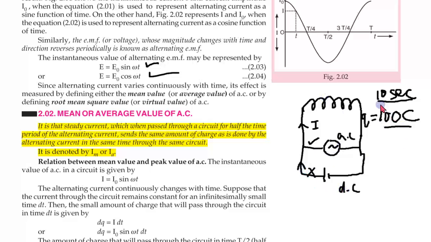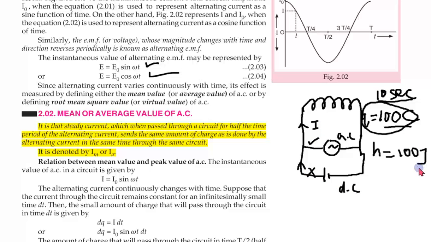Let me say for 10 seconds I pass DC current to this coil. Now we will not consider charge, we will consider heat H in joules. This DC current passing through this coil for 10 seconds produces, suppose, 100 joule of heat.